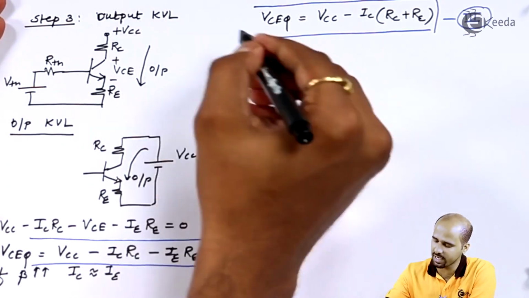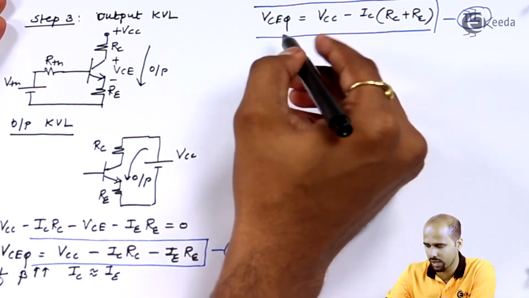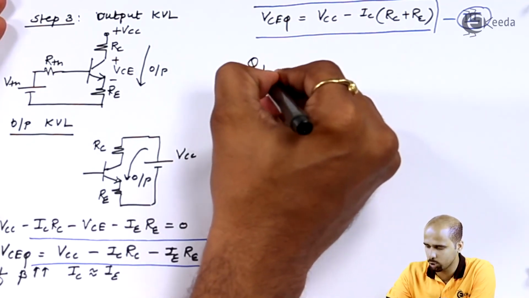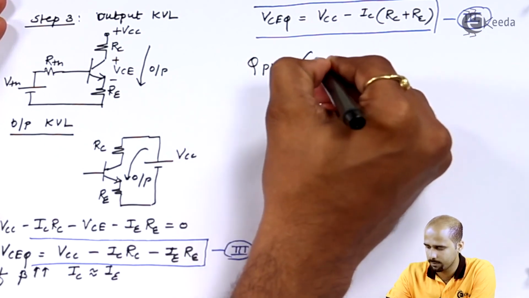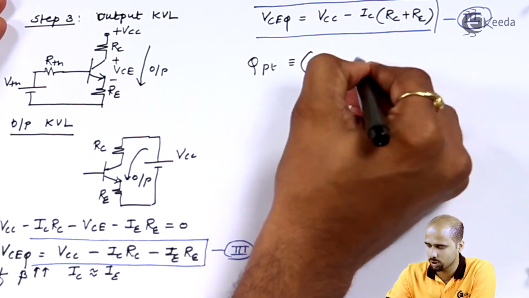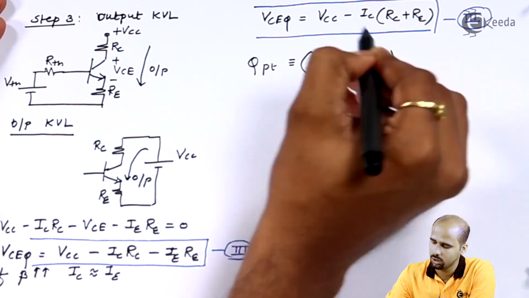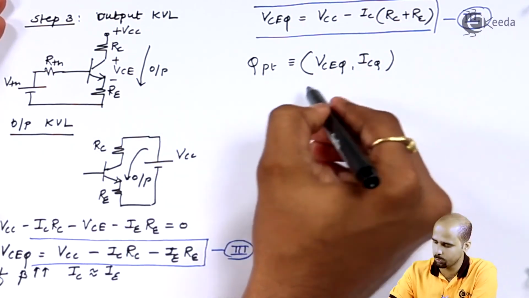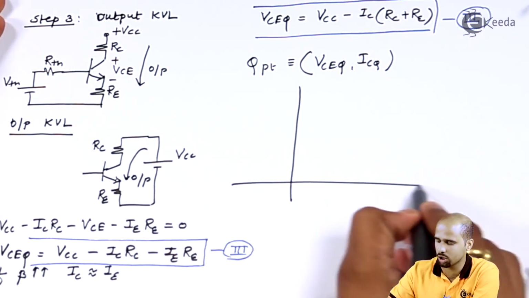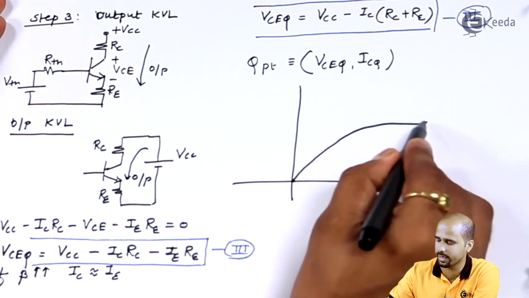This is how we have to deal with the DC analysis. Once we get the exact values of VCEQ and ICQ, my Q point is VCEQ comma ICQ. Then I can also draw that Q point on my characteristics.